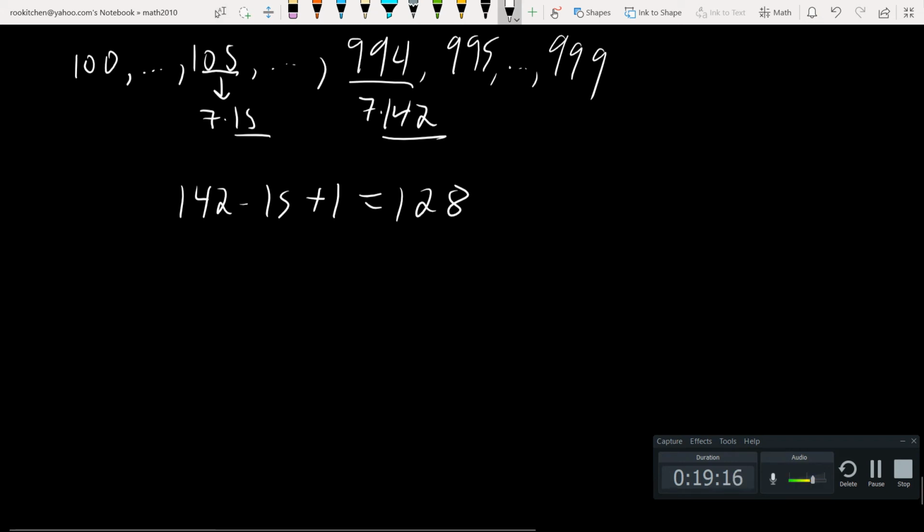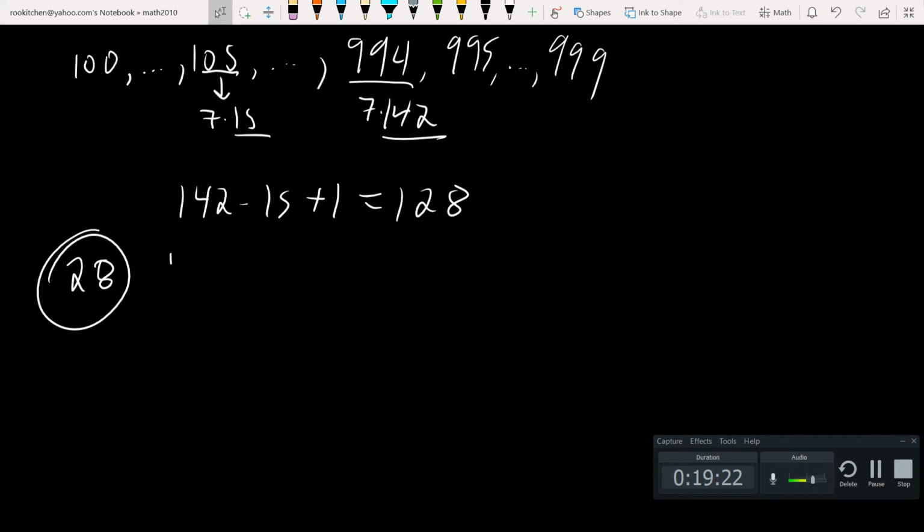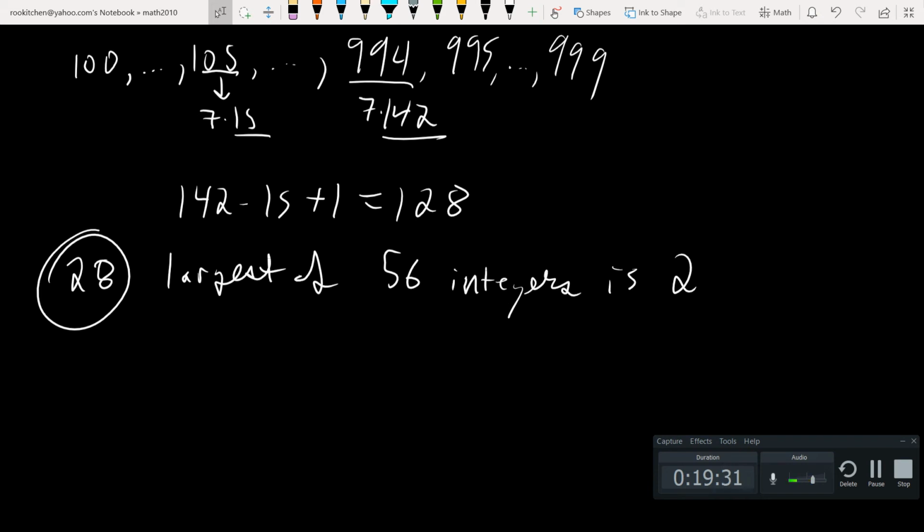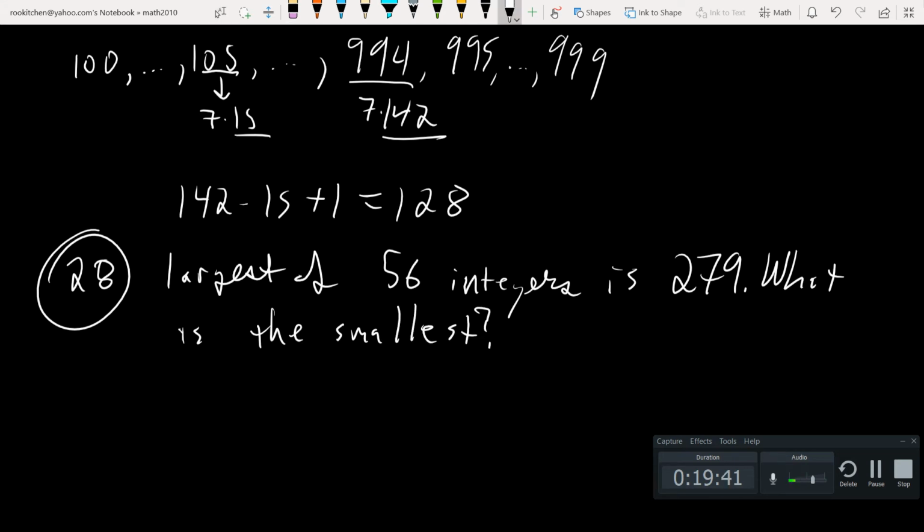There's other problems. They kind of play around with this idea. Like puzzle questions, like the largest of 56 integers is 279. What then is the smallest? Okay, and you use the formula to figure it out.